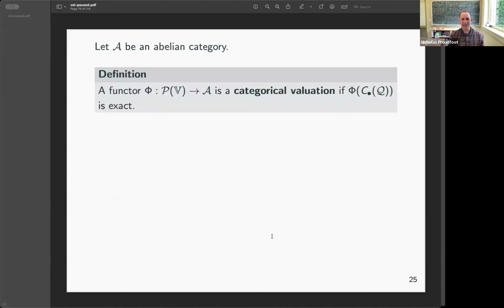Now suppose I have an abelian category. If I have a functor from my category of polytopes to the abelian category, I want to say that it's a categorical valuation if it takes this complex for any decomposition to an exact sequence.